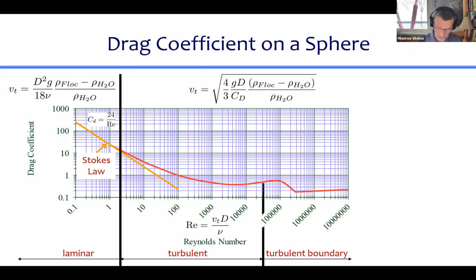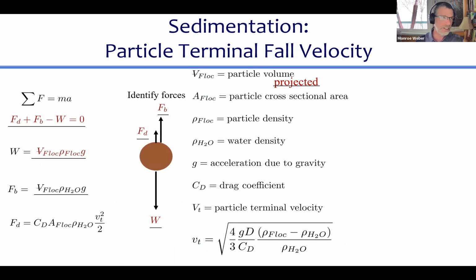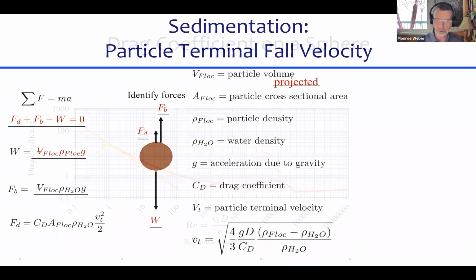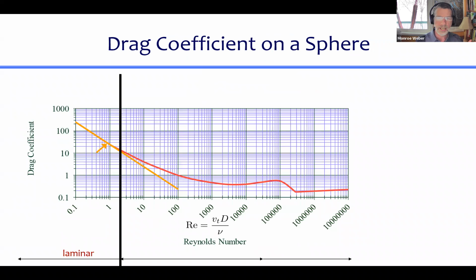For turbulent, we just take this equation that was at the bottom of the previous slide. That is the general equation. It's always true. It's like Darcy-Weisbach. It's got an f in it and it's always true. This one has a coefficient of drag in it and it's always true.